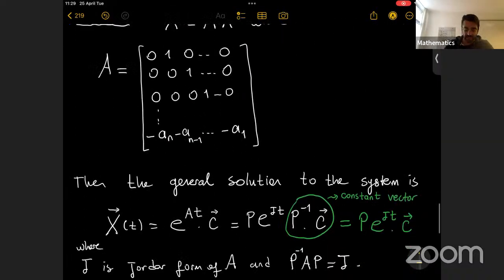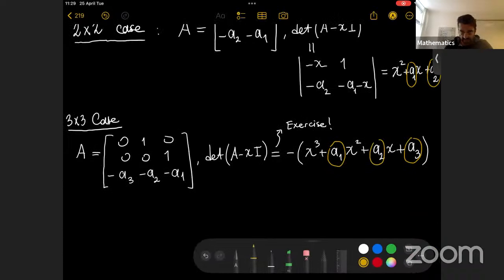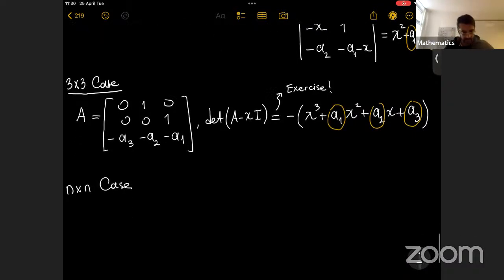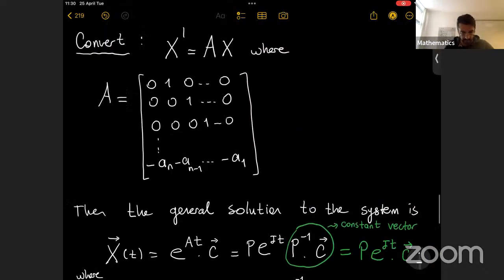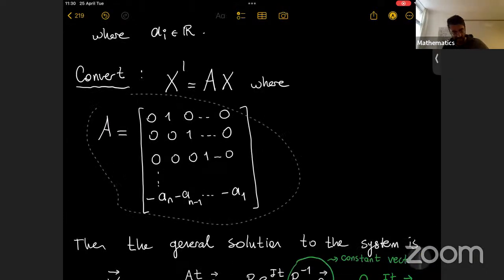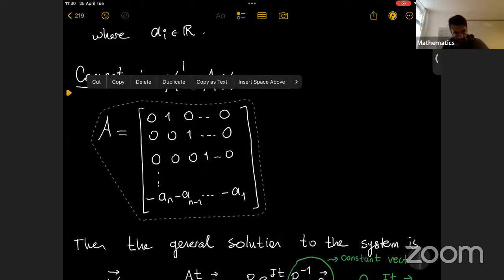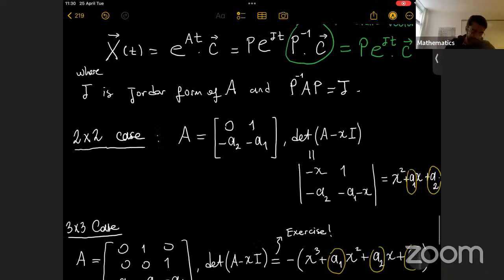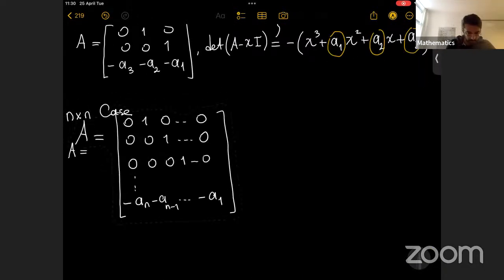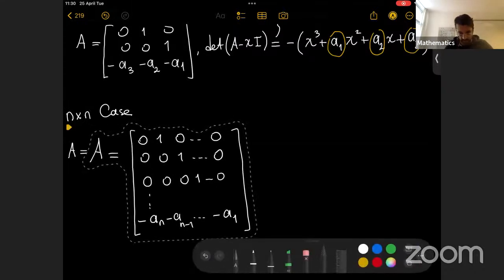And you can guess now, in the general n by n case, A is, we already have it here, right? It's this. This is your A.